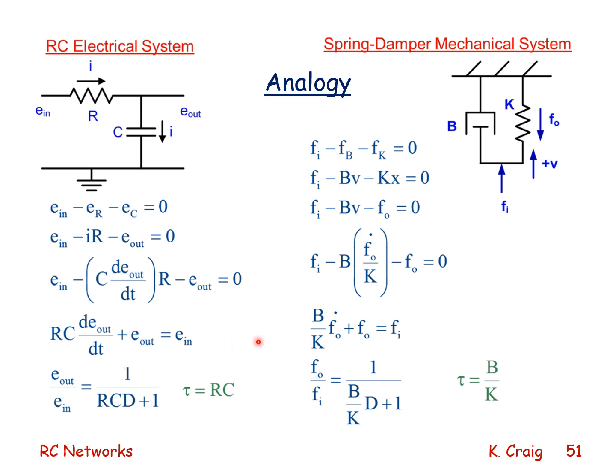Since R is the same as B, C is the same as 1 over K, E out is F out, and so this is the derivative of F out with respect to time, F out dot.